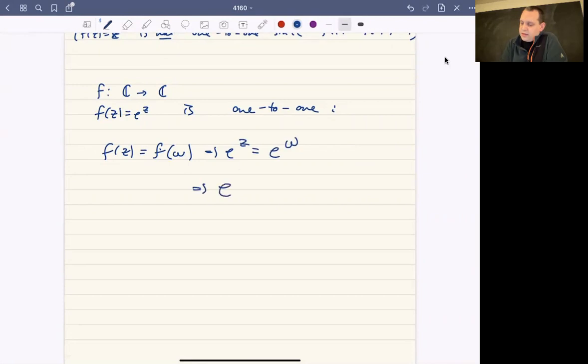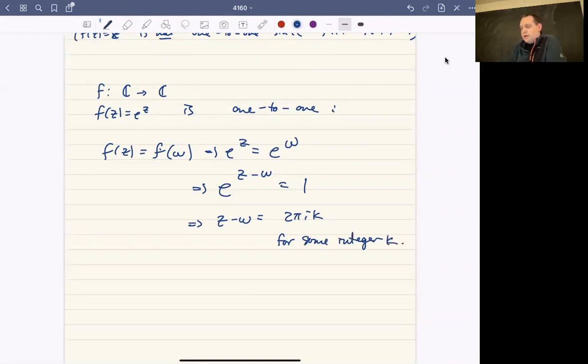And that would imply that e to the z minus w is 1, if you just divide both sides by e to the w. And we know that this means that z minus w is some integer multiple of 2 pi. Okay, so that's what we just said in the step right before that. And this is for some integer k.